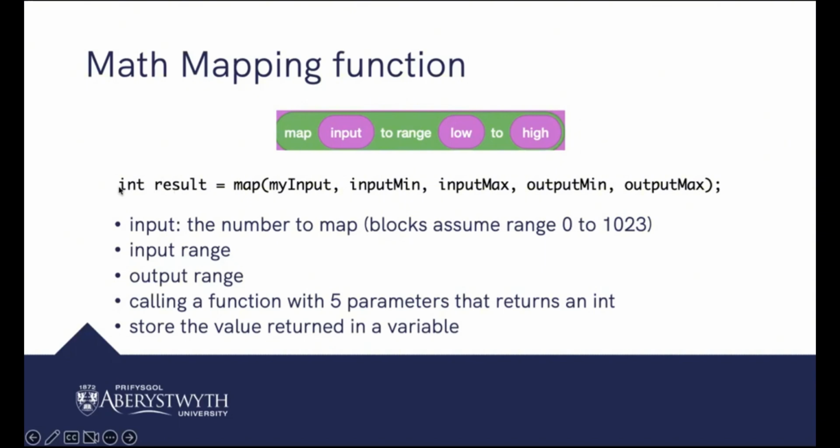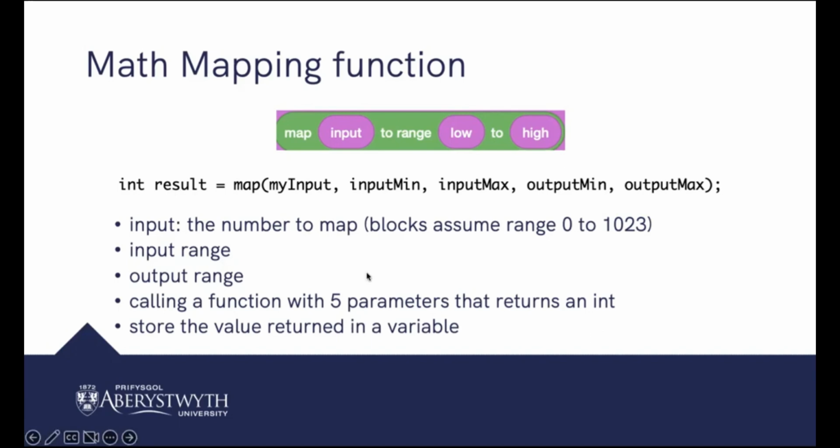And we might want to store that number in a variable. We could use it directly somewhere, for example, in an if statement, but that's quite a long line to include in an if statement. So it might be easier to store it in a variable, making our program easier to read, and then we can just reuse this result variable that I've created here in order to be able to make use of that new value elsewhere.